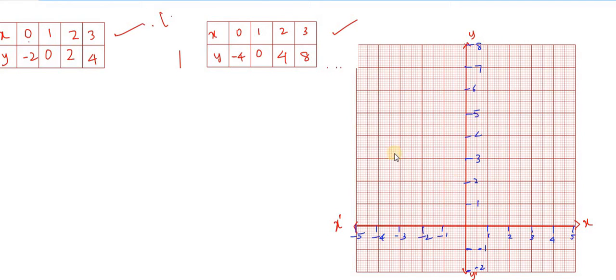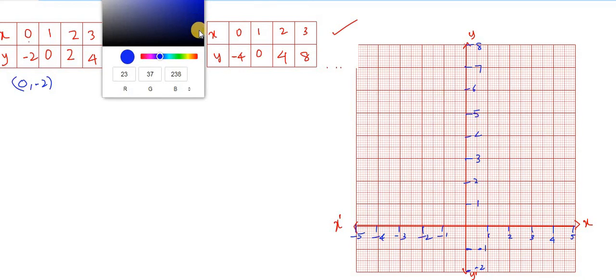Now first I'll take this point. First point is 0 comma minus 2. 0 comma minus 2 in the sense, where will it be located? I'll take another color to locate the points. But you need not do all these things.